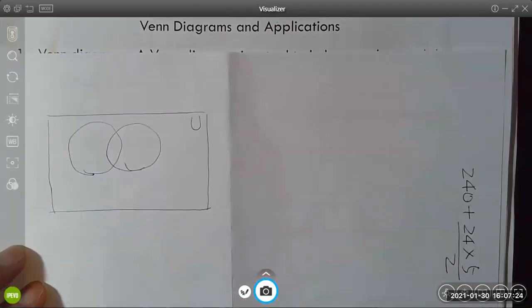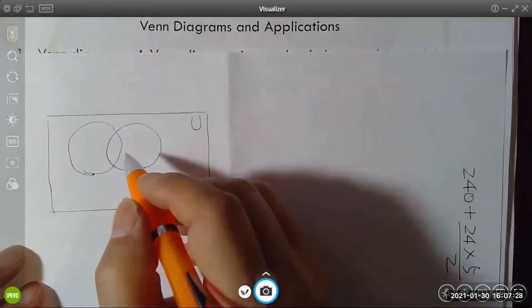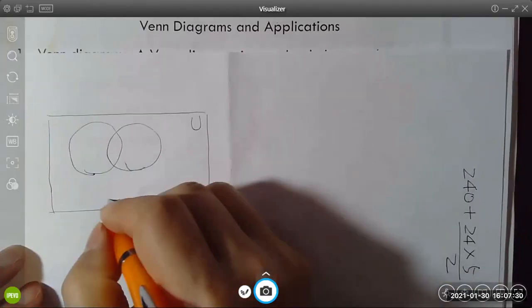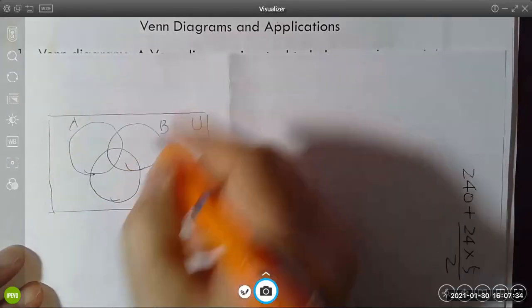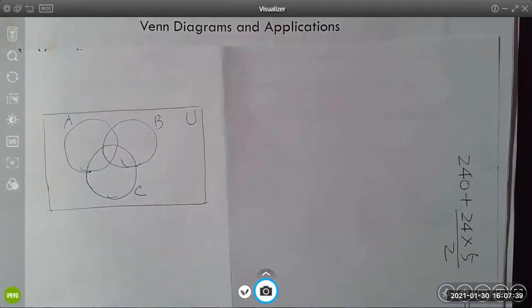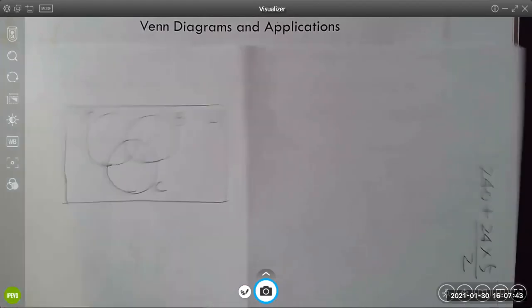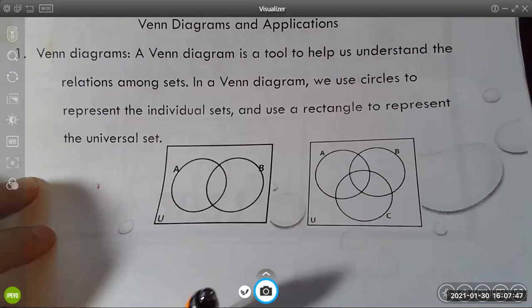We already mentioned that. The third circle will overlap with both of these two, including this area. So if this is set A, set B, set C, that's the standard way to draw a three-set Venn diagram. Okay, let's move on to the next slide.